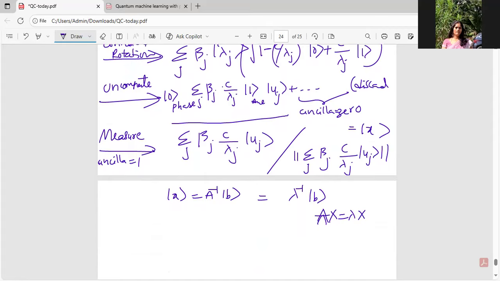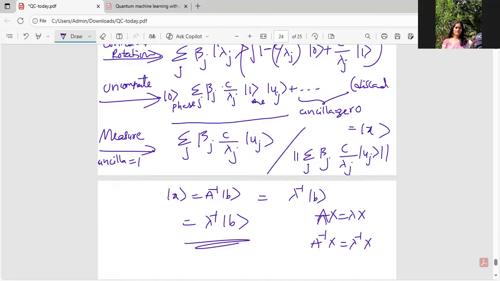Now what you do is, suppose I say A inverse x, guys, it is lambda inverse x. So in the place of A inverse, I will be putting lambda inverse. X is nothing but my ket B, right? See here, that's how I have got it. For A inverse, it is lambda inverse.